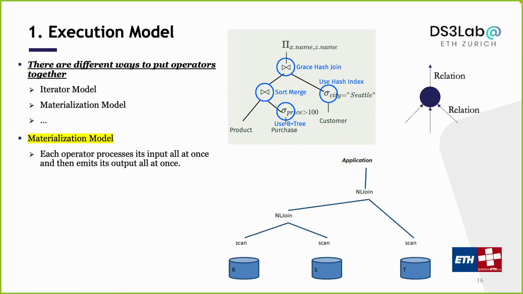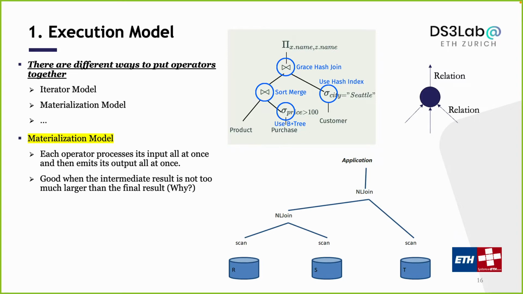Essentially, under the materialization model, every single operator will process all the input and output the whole thing, store it somewhere, and then you go up one layer, okay? In the iterator model, you're producing tuple by tuple. That's how you think about those operators. Here, I'm producing all the output at once.